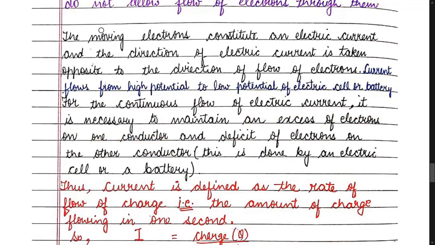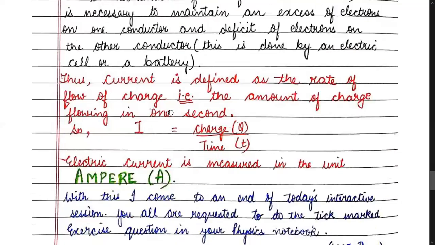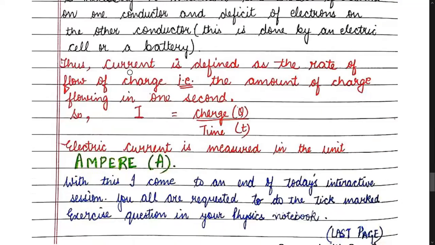And this maintaining of difference in electrons is done by an electric cell or a battery. Children, we have already learned that current is defined as rate of flow of charge, that is amount of charge flowing in 1 second, and it is measured in the unit ampere, which is written as capital A.